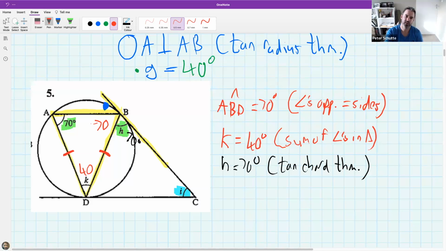What theorems haven't we used? What information is still here that maybe we could use? 70, yep. So we have this. What other bits and pieces can I see in the drawing?